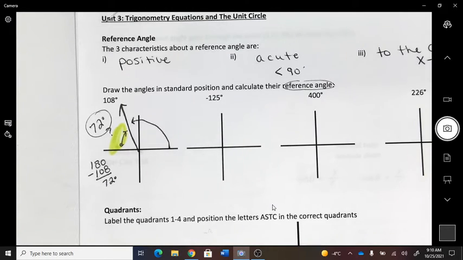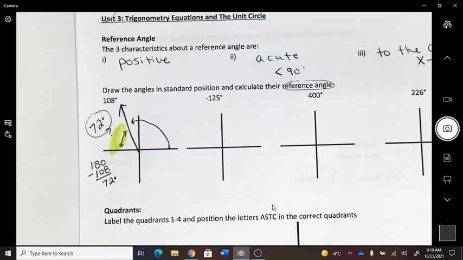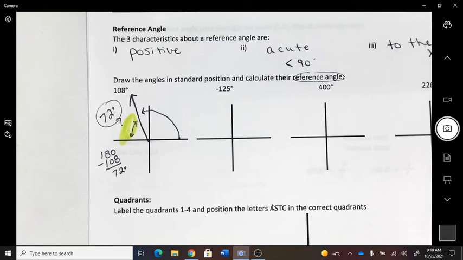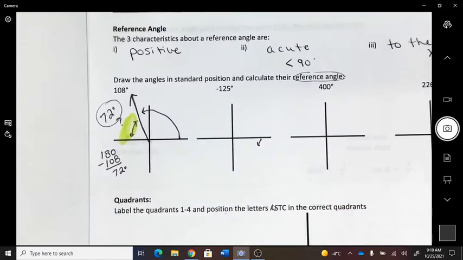Okay, number 2. This has a negative sign in it. This is going to be different. What do you think a negative angle will do? Any predictions? We can't be wrong if we're predicting here. It's going to swivel in the wrong direction. So I'm going to be going in this direction.